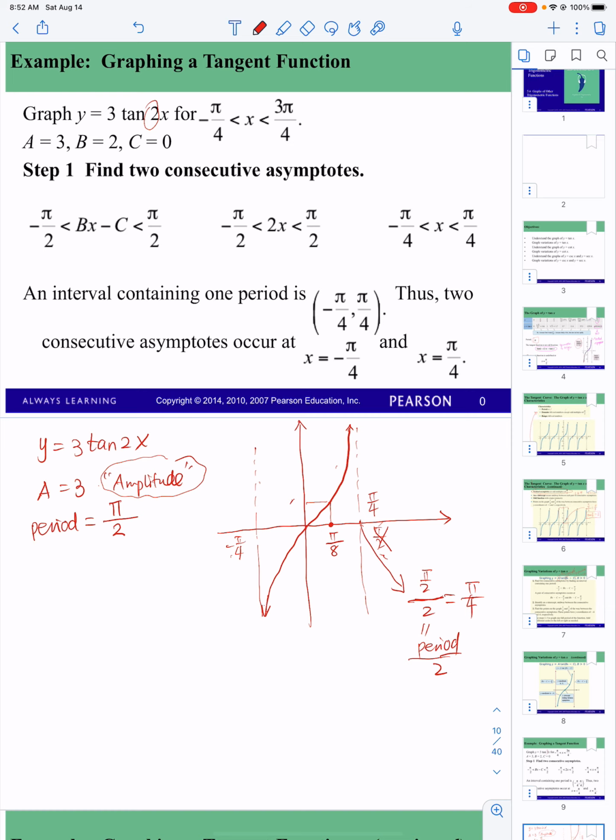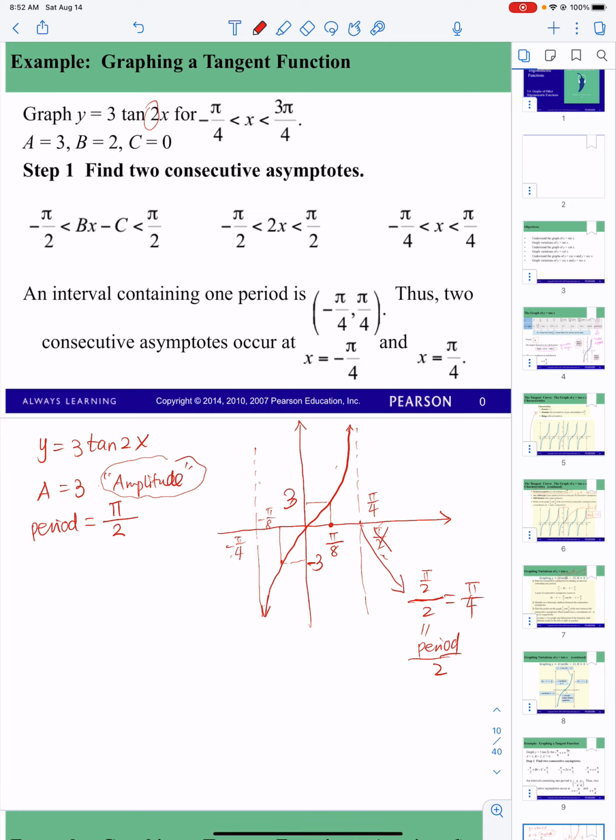Yeah, if we only have tangent. Now, you have a 3 multiplied here. What will you have? 3. Similarly, you will have here negative pi over 8. Then what will be the corresponding value here? Negative 3. Okay, so that will be the picture here.